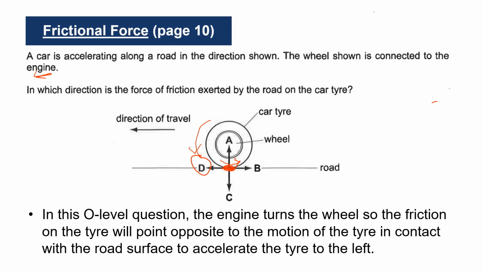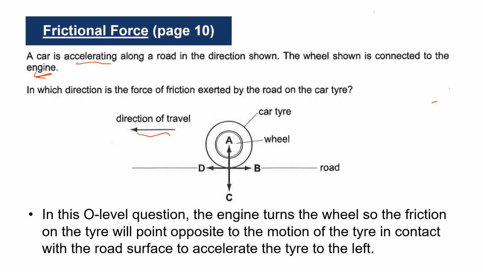Now, you can actually take a step backwards and then think about this. In this whole question, let me erase all the forces. Sorry. Let's erase all the forces. And then you look. The car is accelerating. So actually, the tire must also be accelerating to the left. So take note. In this question, it says the car is accelerating. Now, the direction of travel is to the left.